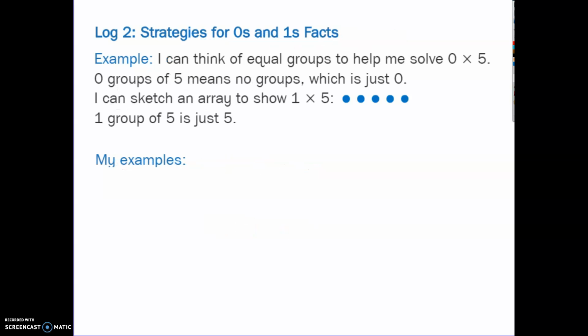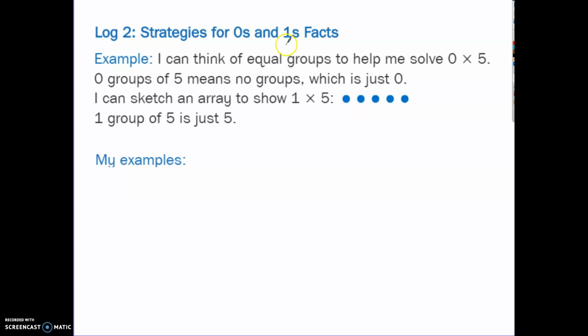Other strategies we've used when we multiply by zeros or ones facts. All right? For an example, I can think of equal groups to help me solve 0 times 5. 0 groups of 5 means no groups, which is just 0. Okay? And what we've talked about, anytime you multiply a number by 0, you always and forever get 0.